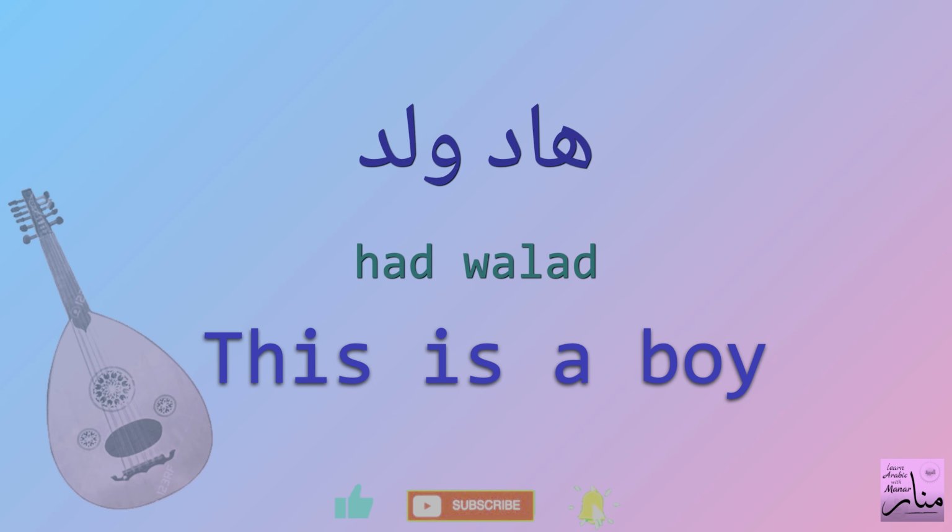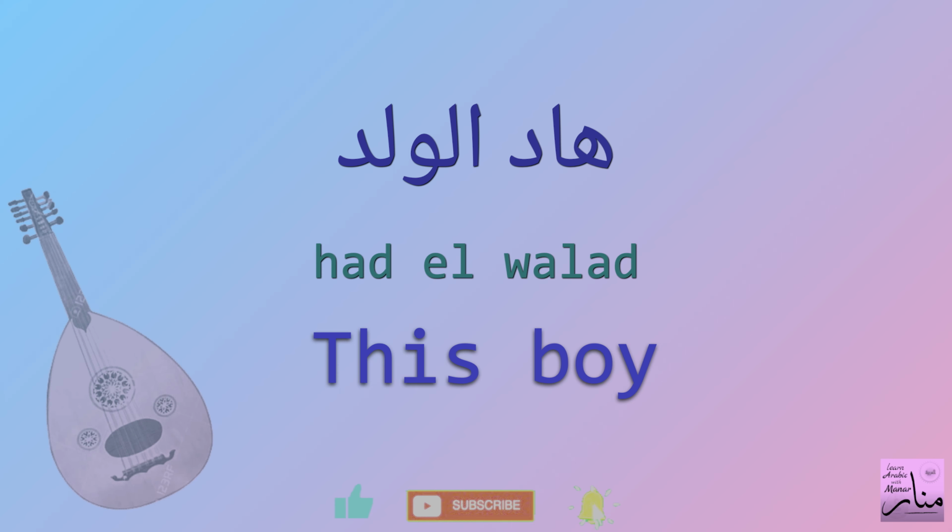But if you are saying this boy, you will use it with the article al and you will say had al-walad. We will see later in our examples that most of the time we are using this, that and all the demonstratives with al. By the way, I had a complete lesson about the article al with all the details in this video. You could check it if you didn't see it yet.